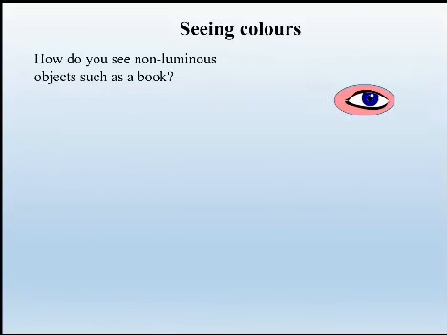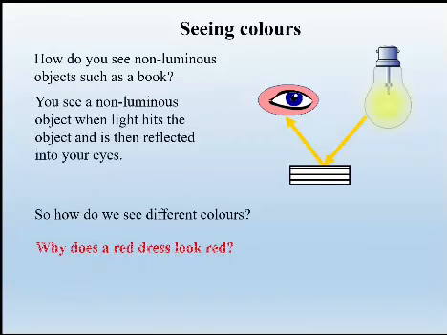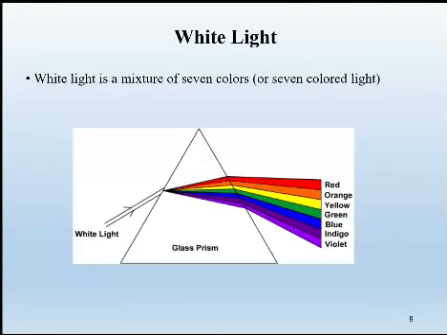Now how do we see color? Different colors, means if a red color dress is there, how do we see the red color? If a green color dress is there, how can we see green color? So we are going to see some examples of how we see different colors with our eye. White light is a mixture of 7 colored lights: red, orange, yellow, green, blue, indigo and violet.